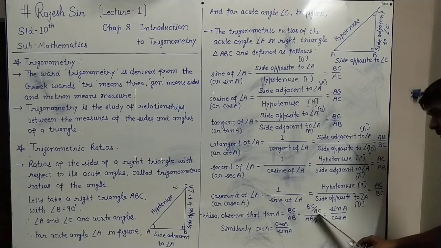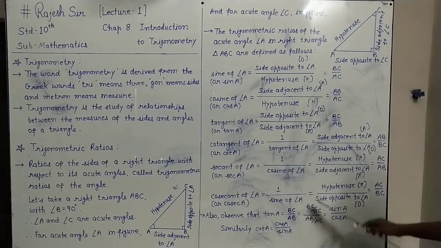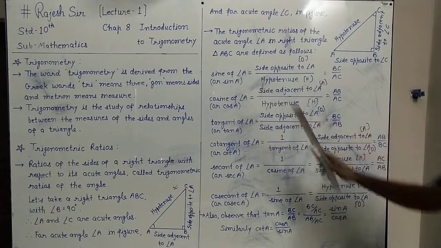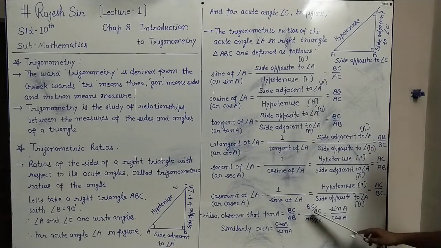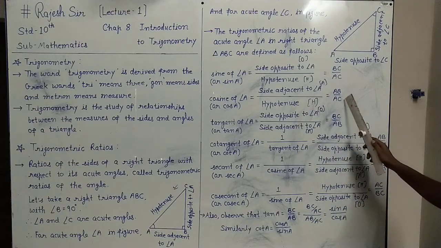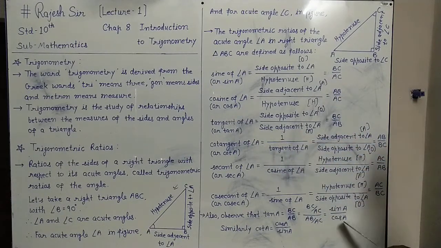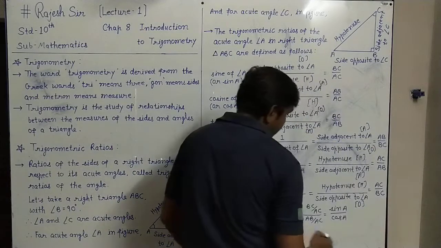Now see, BC upon AC shows sine A, and AB upon AC shows cos A. From this the formula becomes tan A equals sine A upon cos A. Tan A equals sine A upon cos A, we will remember. In short, you remember this.